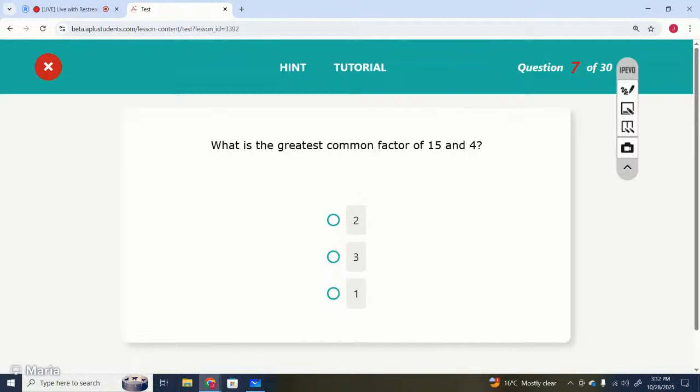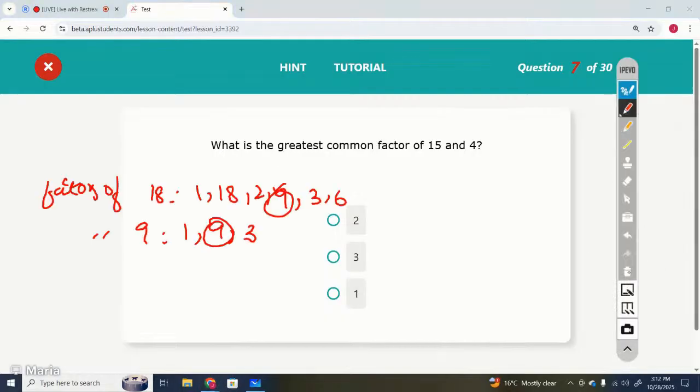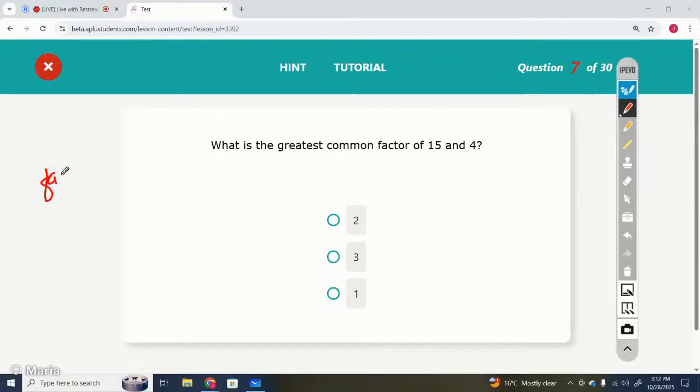What is the greatest common factor of 15 and 4? So let's just write down the factors of 15 and factors of 4.